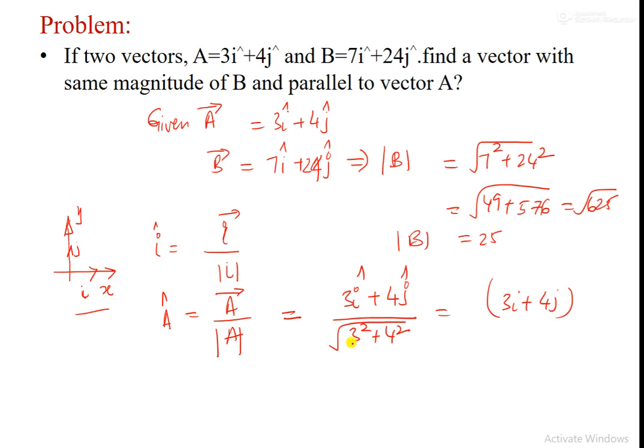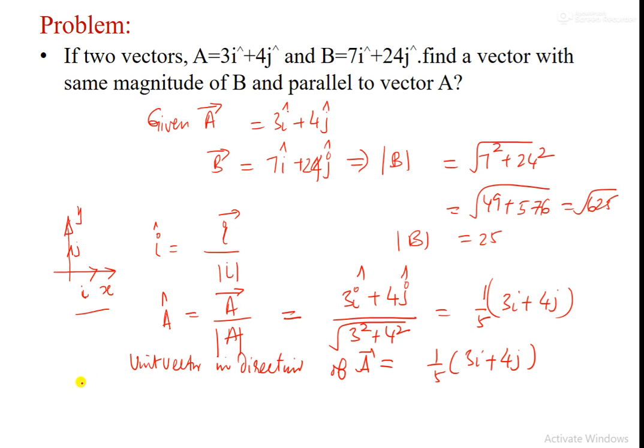This is equal to 9 plus 16, 25, that is 5, that is 1 by 5. So the unit vector in the direction of A is equal to 1/5 of (3i plus 4j).